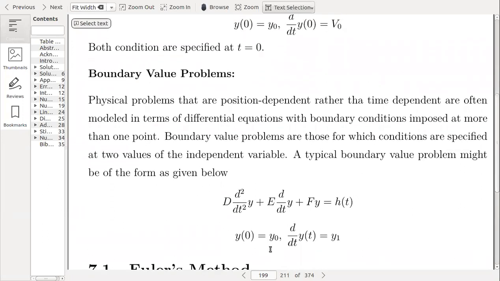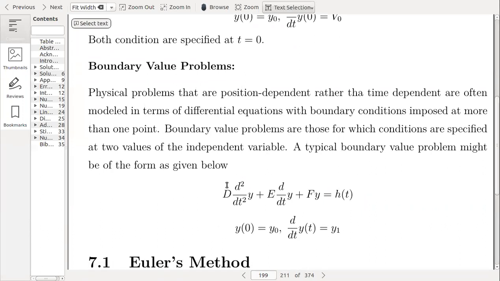Note that here t is equal to 0 and here t could be taken as any value. T can be 1, 2, 3, and so on. It depends on the problem what the given value of t is, with y equal to y1. So this is an example of a boundary value problem.